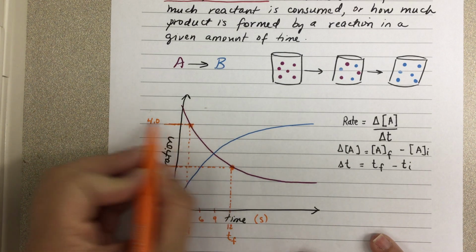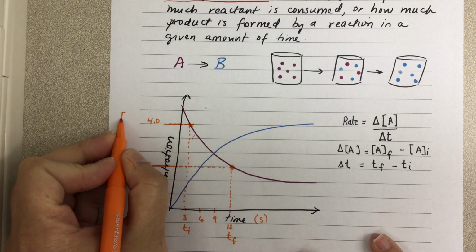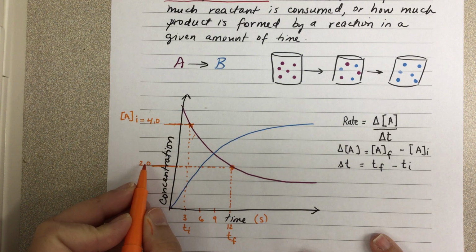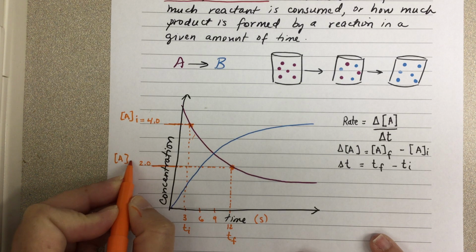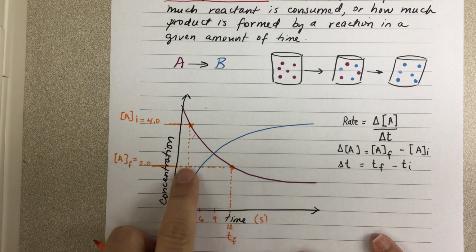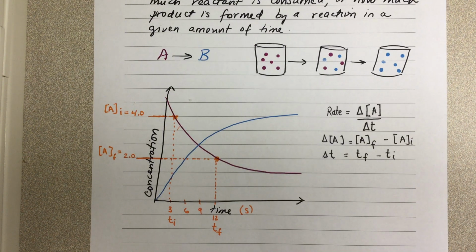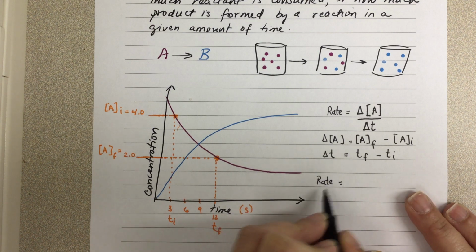Your concentration, this is your initial, the one that is happening at 3 seconds, and your concentration is down. After 12 seconds, your concentration now is 2. So to calculate the rate, you can use those numbers. And that's for A.